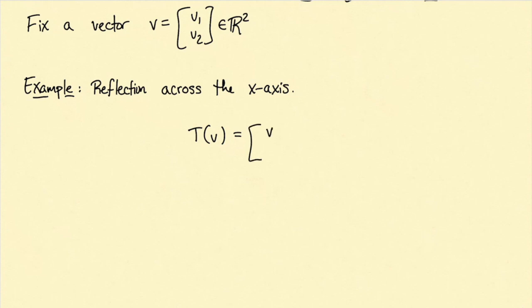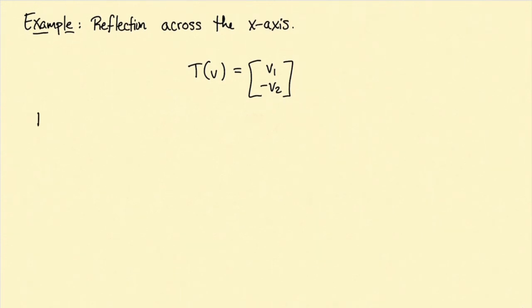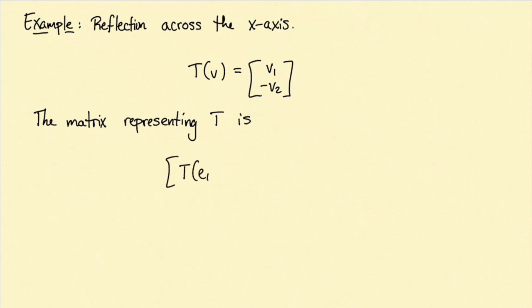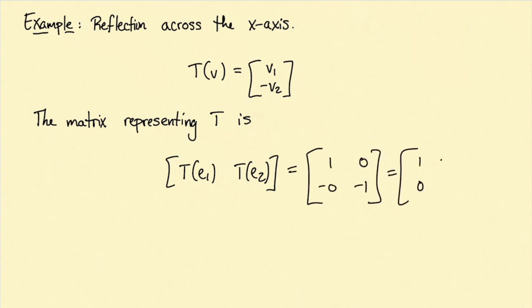It should take a vector and negate its y-coordinate. To find the matrix representing T, we just need to see what T does to the unit vector e1 pointing along the x-axis and the unit vector e2 pointing along the y-axis. And there you have it: 1, 0, 0, minus 1.